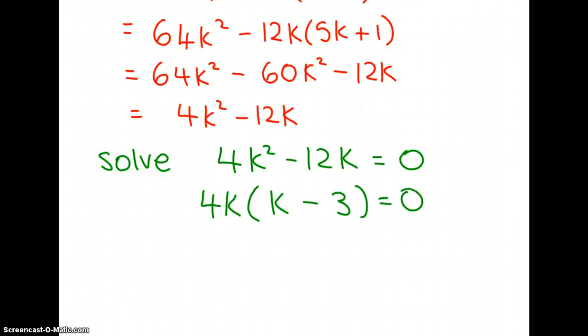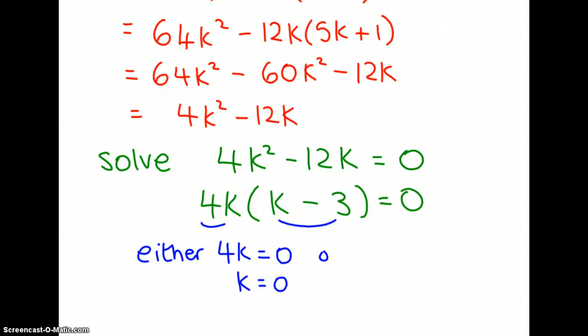And if I've got two things multiplied together to give me 0, then one of them has to be 0. So either 4k is 0, which would give me that k is 0, or k minus 3 is 0, which would give me that k is 3. So two final answers: the two values of k are 0 and 3.